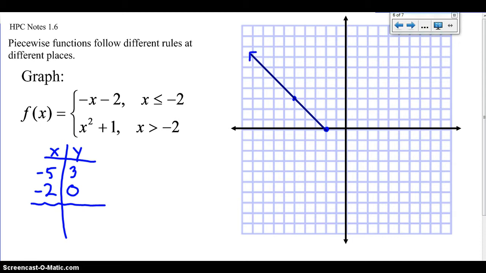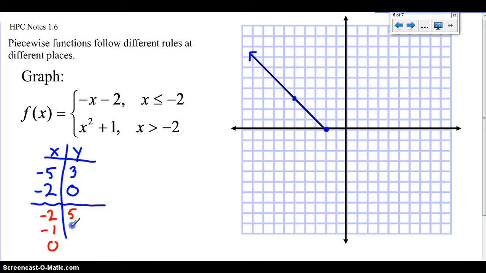Alright, so again, the rule changes. Let's take a look at the next rule. Now I know this says x is greater than -2, but we actually want to include it so we can see where this graph would in fact begin. So -2 squared plus 1 is going to give us 5. Let's go with -1 and 0 and see if we have a good idea what this parabola is going to look like.